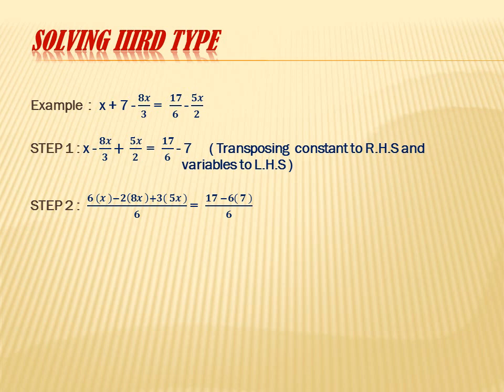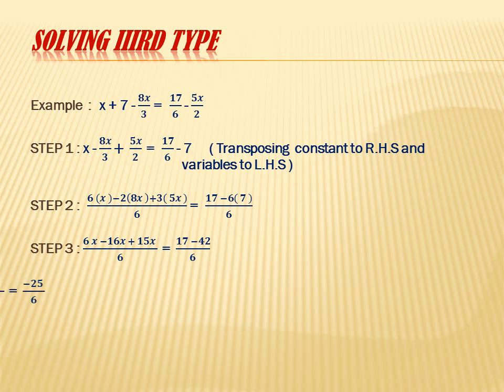Then 3 will be multiplied with the numerator 5x. And here 7 has no denominator, so we will take it as 6 over 1. Now this 6, when divided by 6, will give you 1. 1 into 17 will give you 17. Now this 6 when divided by 1 will give you 6. Then this 6 will be multiplied with the numerator, 6 into 7.